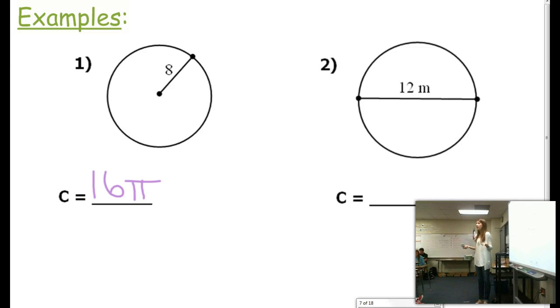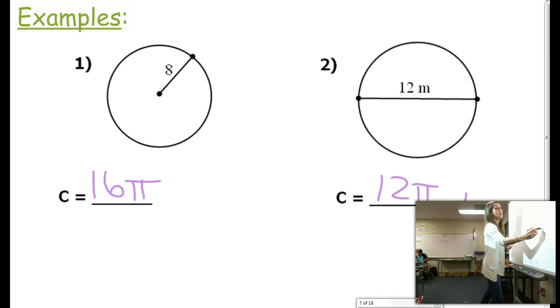So it's just 2 times r. John, you were actually up next. What is the circumference of number 2? 12 pi meters. The meters is not as important as the pi. You leave off pi, you get it wrong. No pi, no credit.